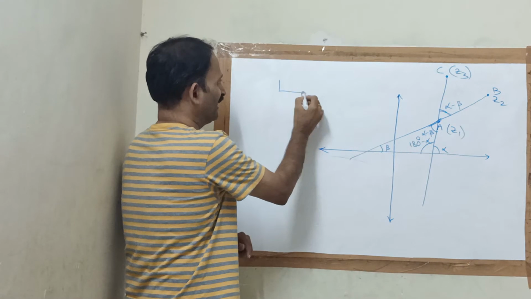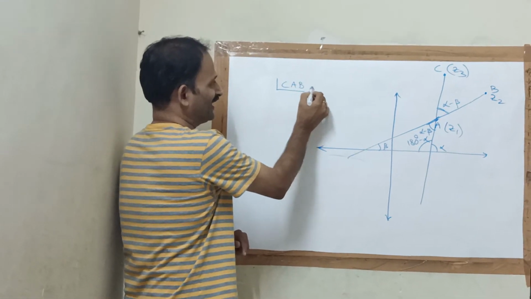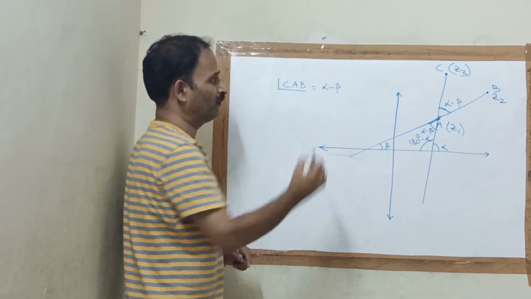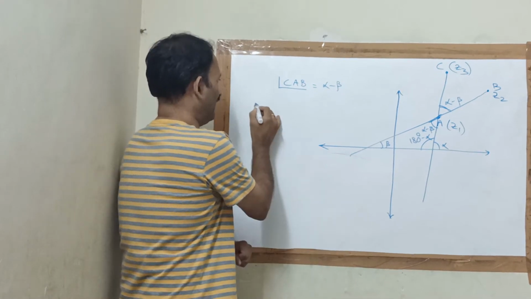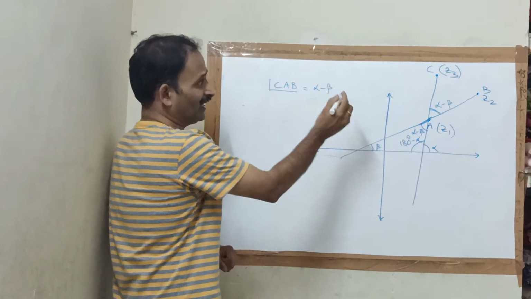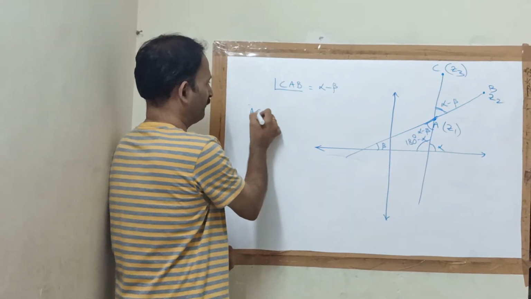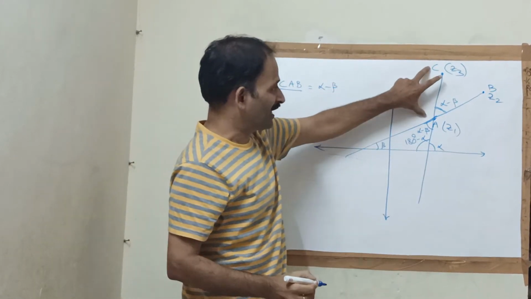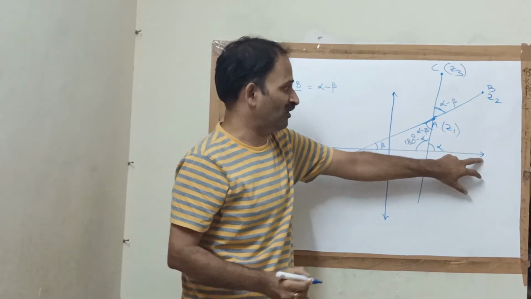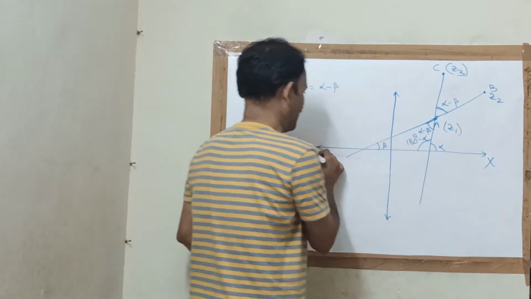Now angle CAB equals alpha minus beta. Now AC bar makes an angle alpha with the positive direction of the x axis.